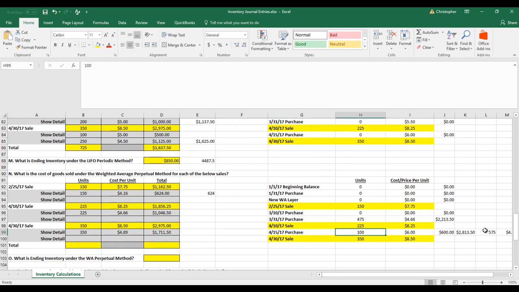Now we had 575, we sold 350, which means we should have 225 left at $489 per unit.